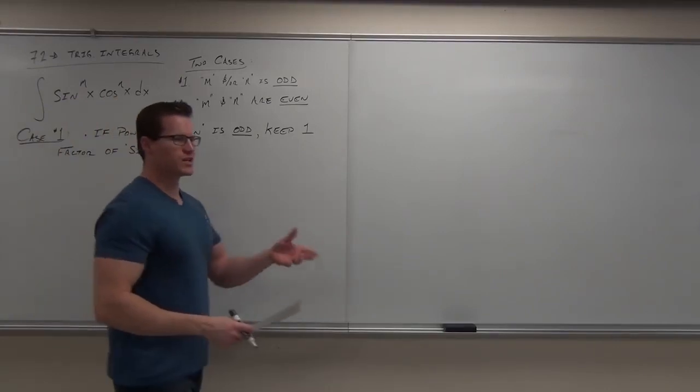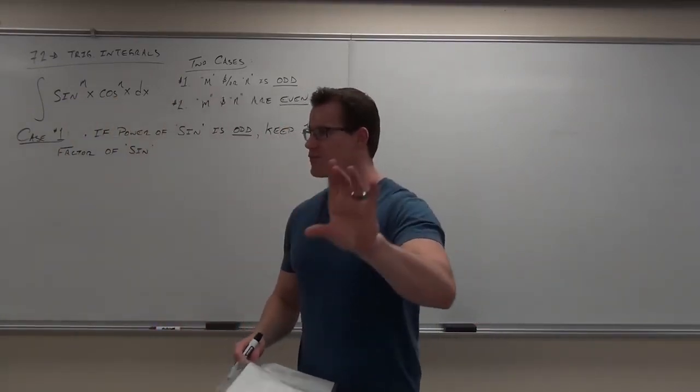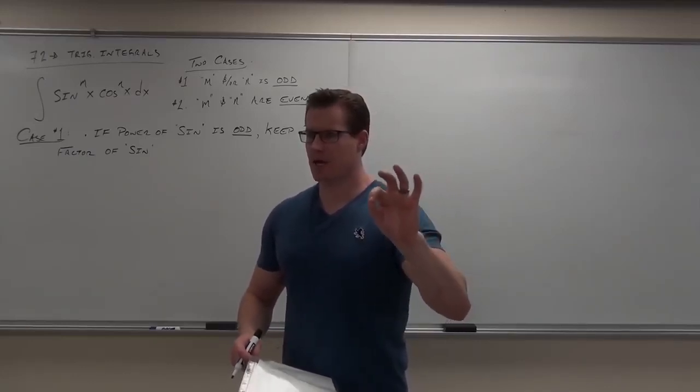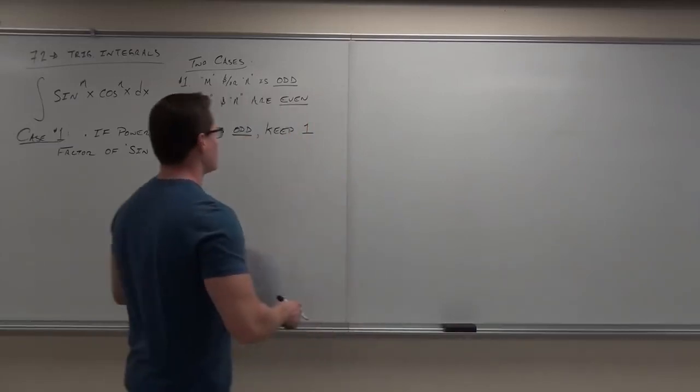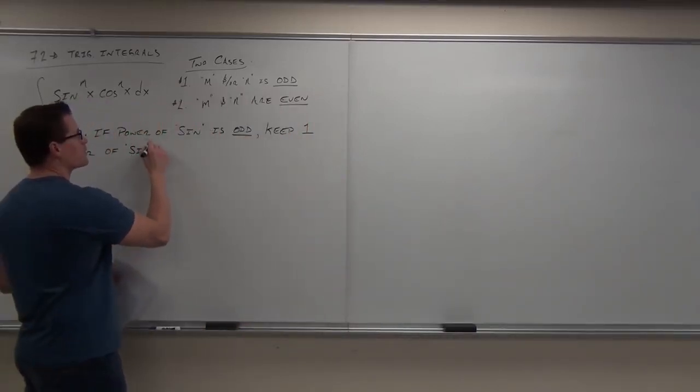And then with the other one, you see, if we have an odd power of sine and we strip off one sine factor, then that odd power now becomes an even power, doesn't it? If it becomes an even power, we can do one thing with it.